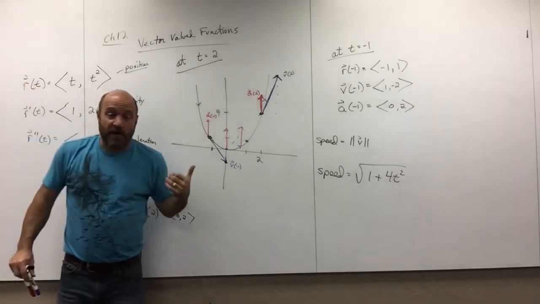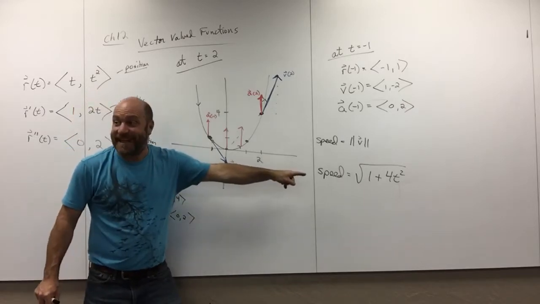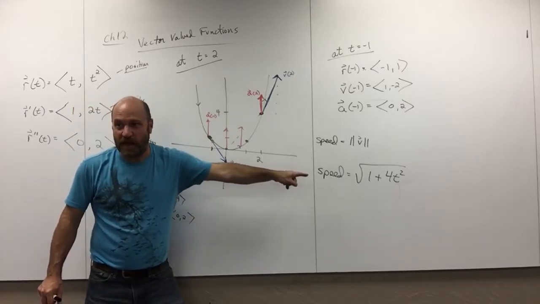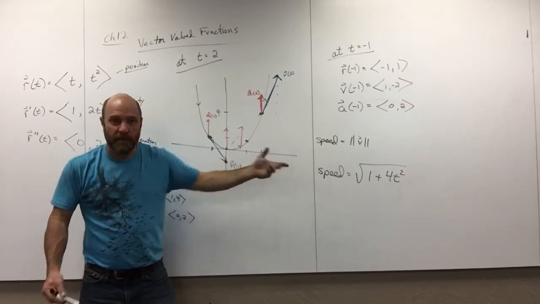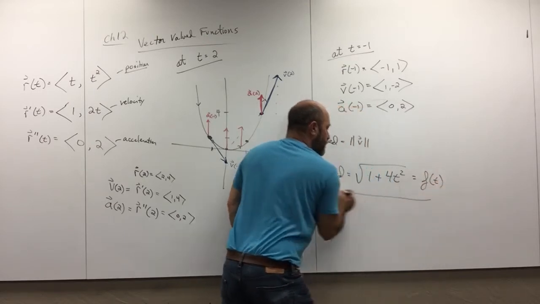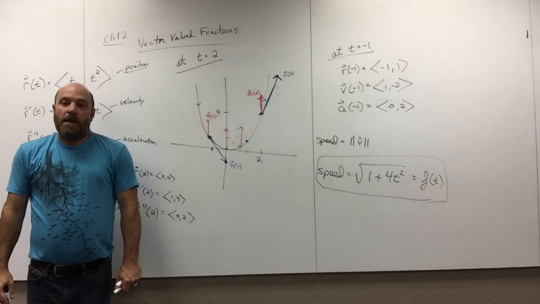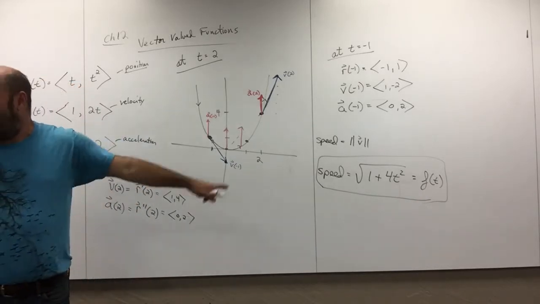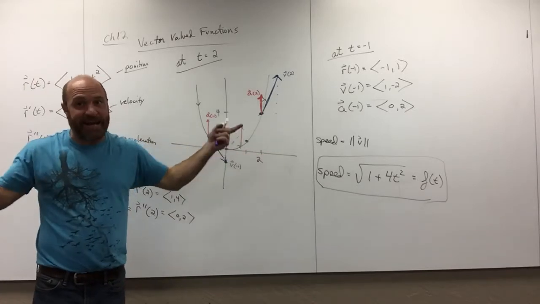You guys told me earlier that speed is a scalar. Well, notice how it came out. It's a scalar function, right? It's not a vector function. It's like an f of t. There's no vector there. Specifically now, what I got is this speed function that'll tell me the speed at any moment in time.